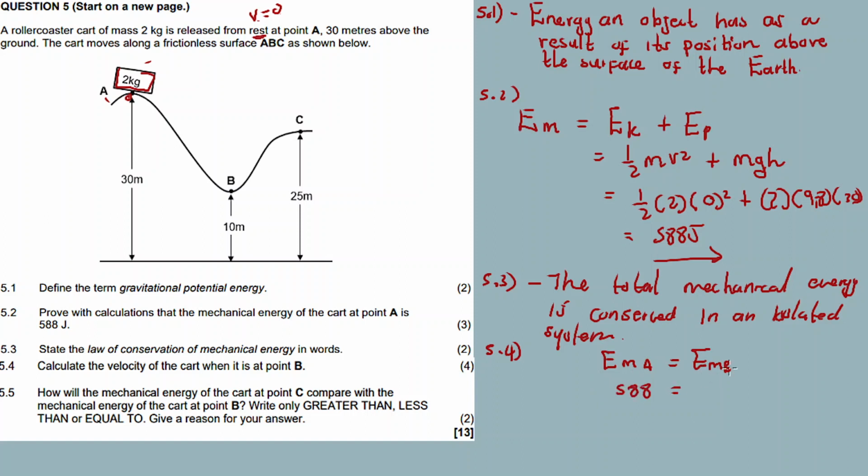The mechanical energy at B we have to calculate: half m v B squared plus m g h at B. We substitute the mass, the velocity unknown, plus mg, with m 2, 9.8, and this time the height 10 at B.